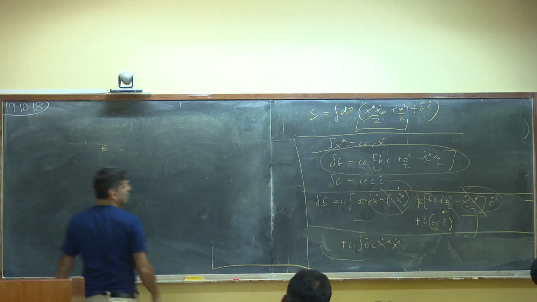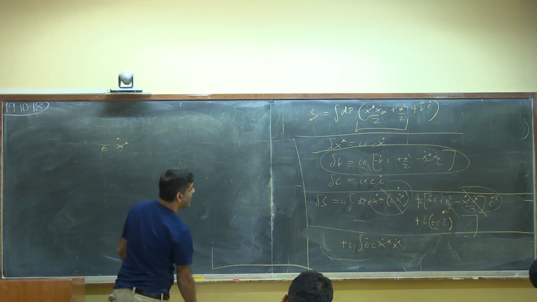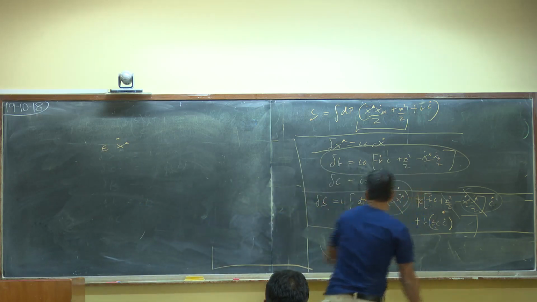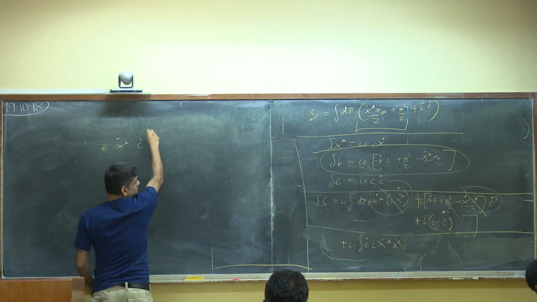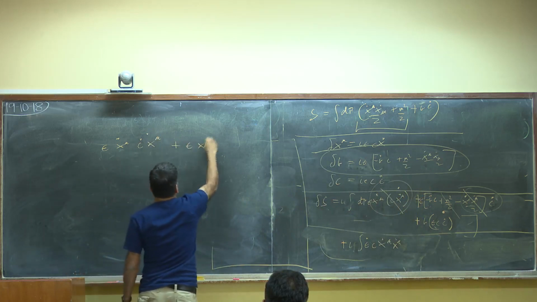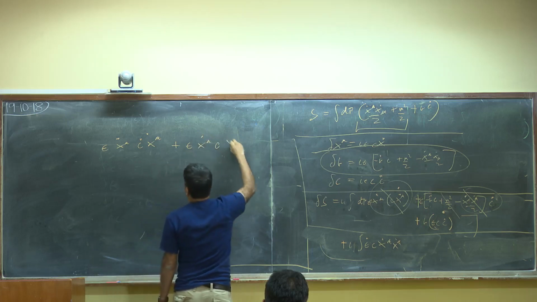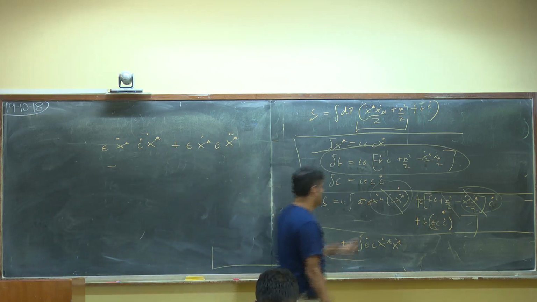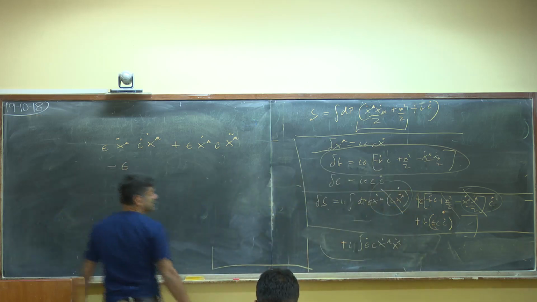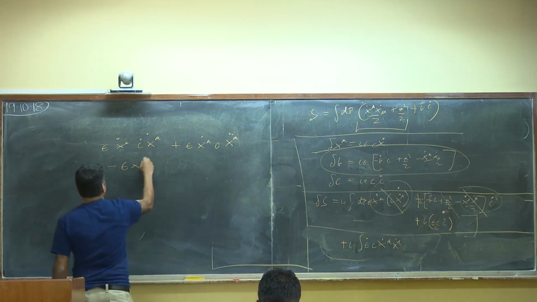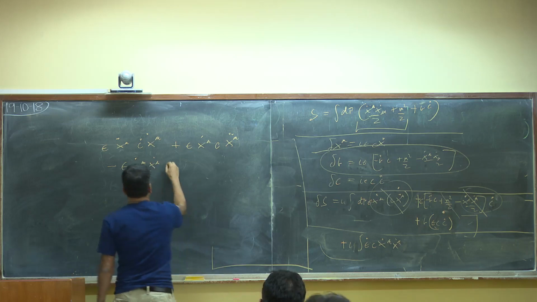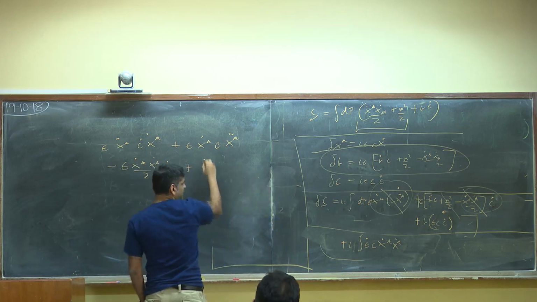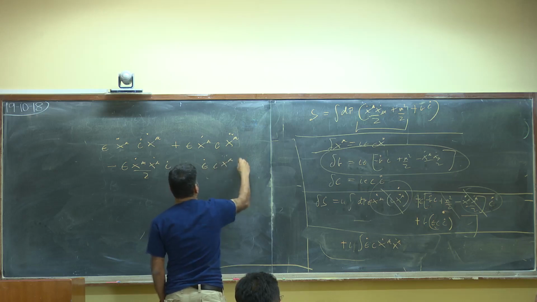This is epsilon times x mu dot into c dot x mu dot plus epsilon times x mu dot into c x mu double dot, okay, minus epsilon times x mu dot by 2 times c dot, okay, plus epsilon dot times c x mu dot x mu dot.